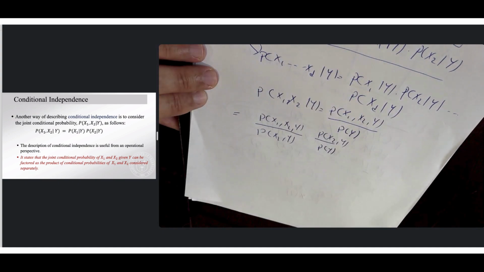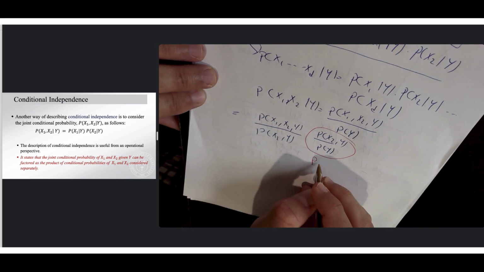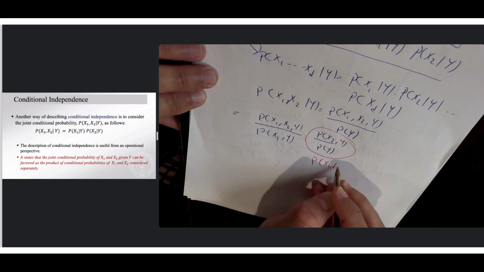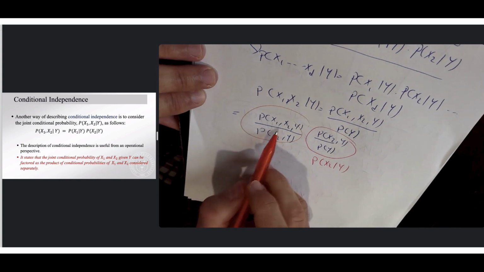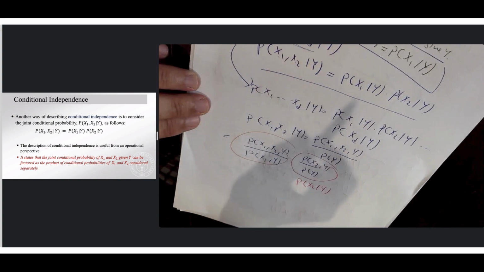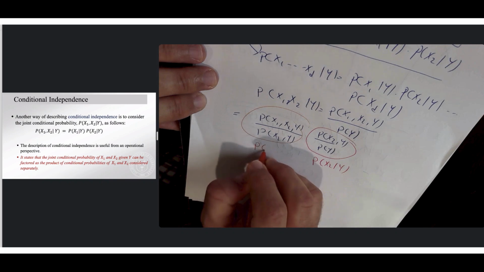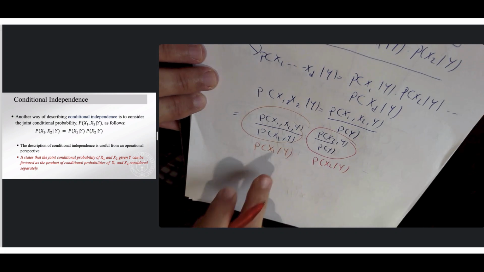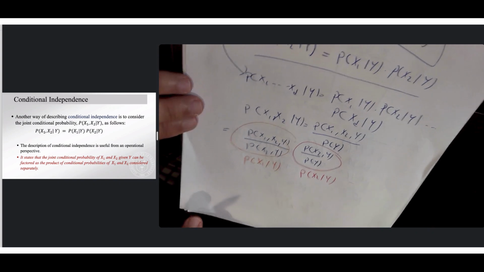If you take a look at this part, what is this? This is the probability of x2 given y. And what's this term? If we use the formula that we have here, I can write this one as the probability of x1 given y, which is the condition that we start with.